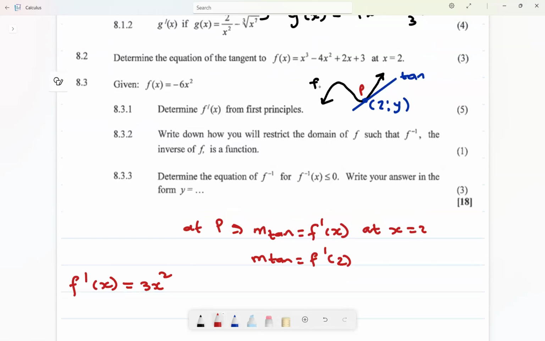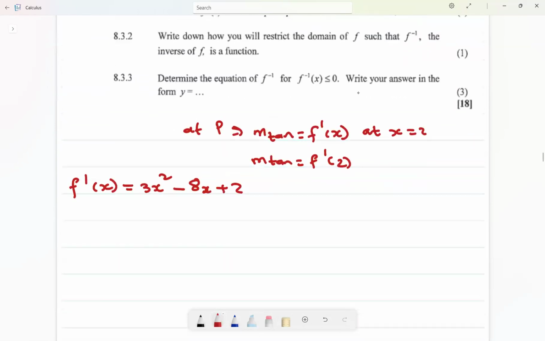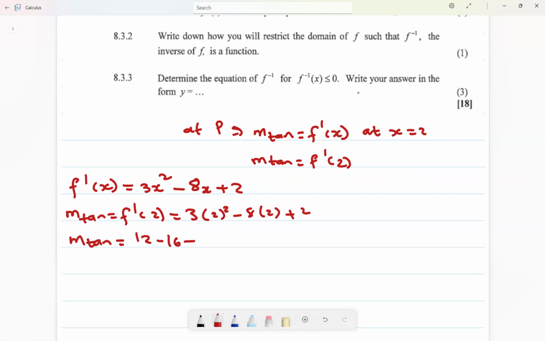But I know that the gradient of the tangent is equal to the gradient of the function at x equal to 2, which in actual fact is 3 into 2 squared minus 8 into 2 plus 2, and then it gives us the gradient: 3 times 4 is 12, minus 16, plus 2, which is negative 2.